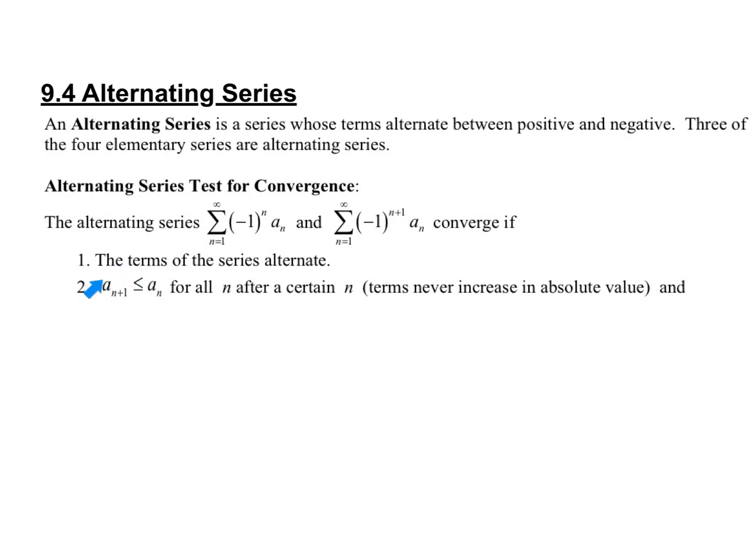What's another way to say this in English? It's getting smaller. The terms are decreasing. Each individual term, as you compare them and move along the series, is getting smaller.